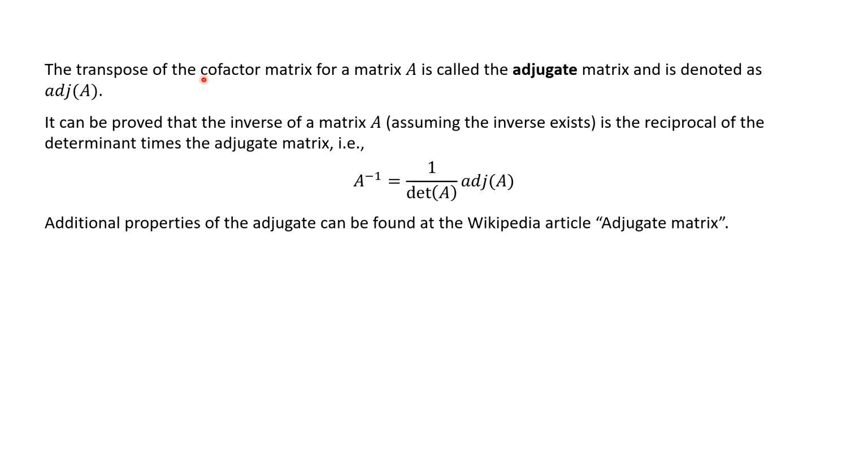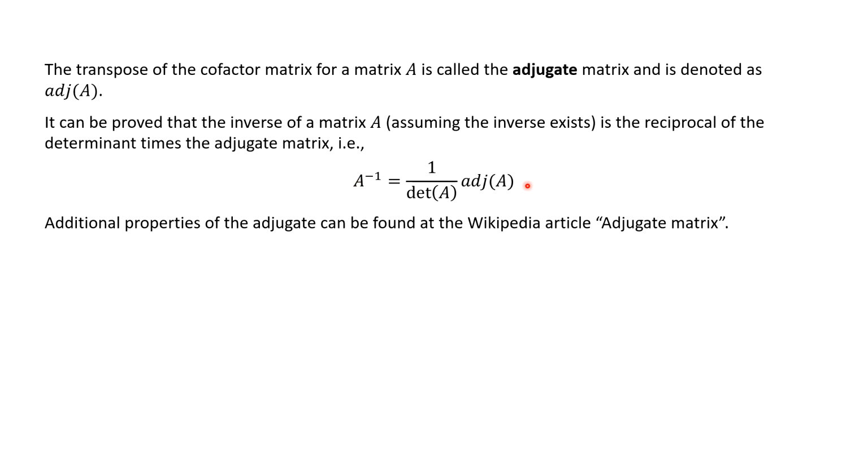The transpose of the cofactor matrix for a matrix A is called the adjugate matrix and is denoted as Adj of A, adjugate of A. It can be proved, and I'll give you a reference to this, that the inverse of a matrix A, assuming the inverse exists, is the reciprocal of the determinant times the adjugate matrix.